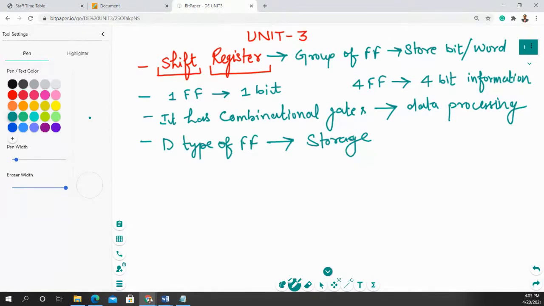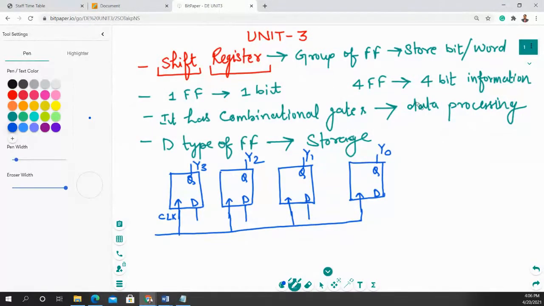How can you make the combination of these flip-flops? You have to provide one clock pulse. You have seen the D type of flip-flop, and how you can design it. This is the clock pulse that can be connected to each of the flip-flops. And how can you represent the inputs?